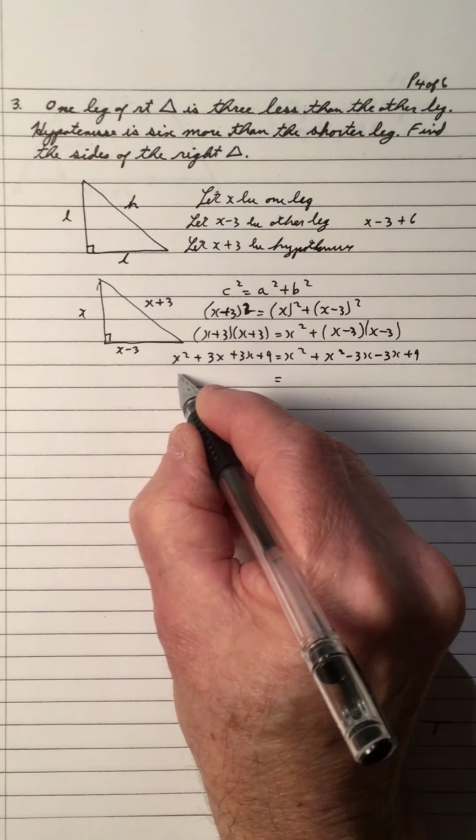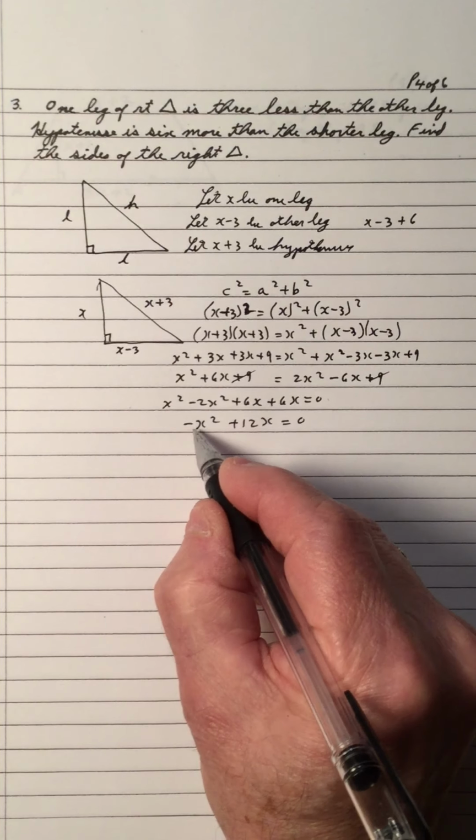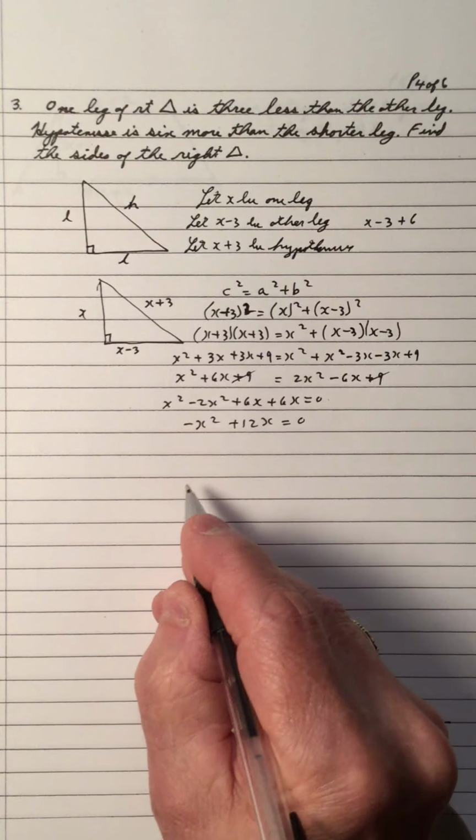So now I have x squared minus 2x squared plus 6x plus 6x equals 0. 2x squared moves over to become a minus, and this negative 6x moves over to become a plus. That gives me negative x squared plus 12x. Add 1 and negative 2 is negative 1, 6 and 6 is 12.